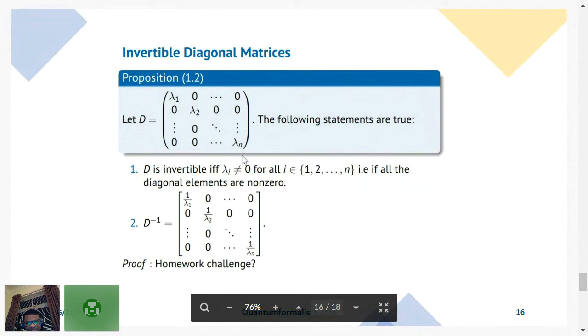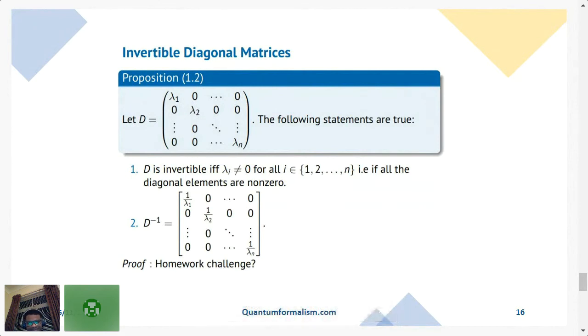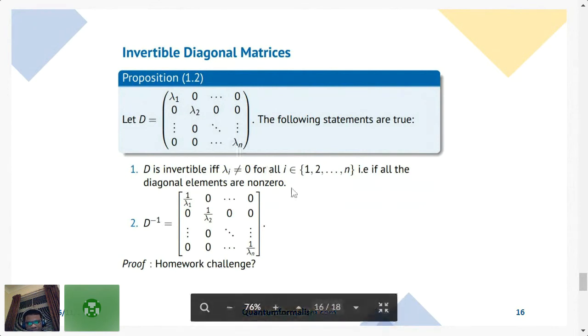So if there is a 0 here, then the claim is that this is not invertible. Hopefully you can prove this. Hopefully you cannot prove the other way around. And the second thing is that the inverse is given like this.